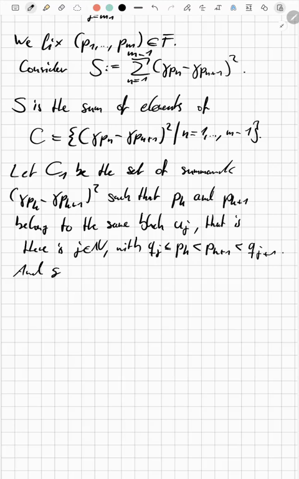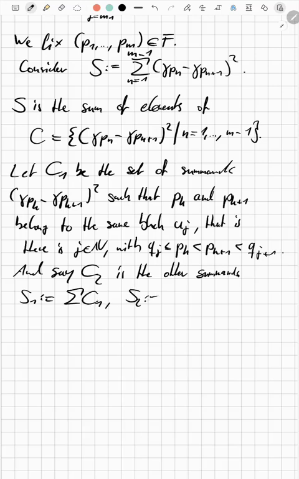And we also say C2 is the other summands. Okay. Then we set S1 to be the sum of elements of C1 and S2 to be the sum of elements of C2. And then we have S being equal to S1 plus S2.